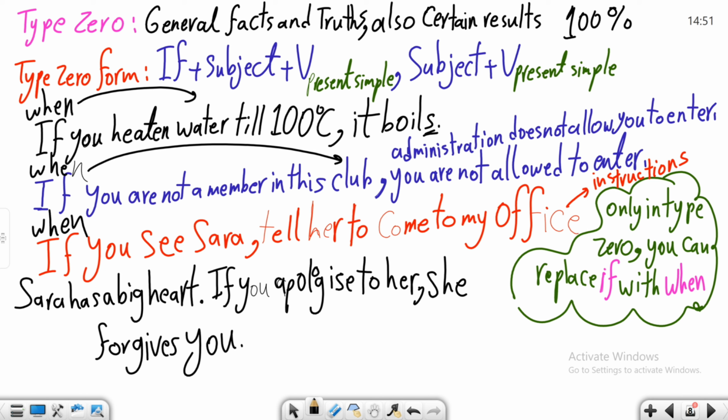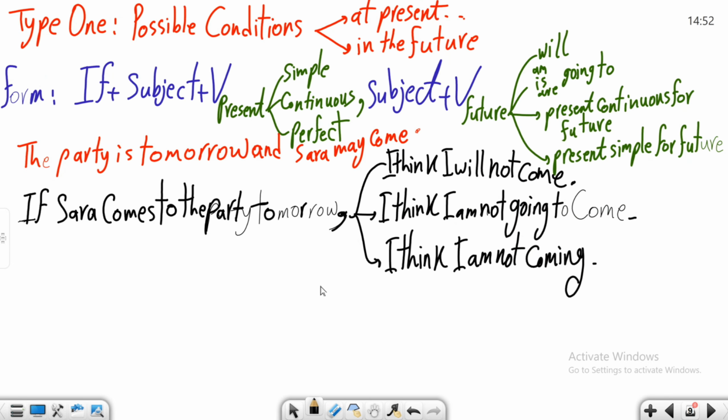And here, of course, we say, when you apologize to Sarah, she forgives you immediately. Only in type 0, my friends, we can replace if with when. So here, my friends, we finished type 0, and now let's move to type 1.